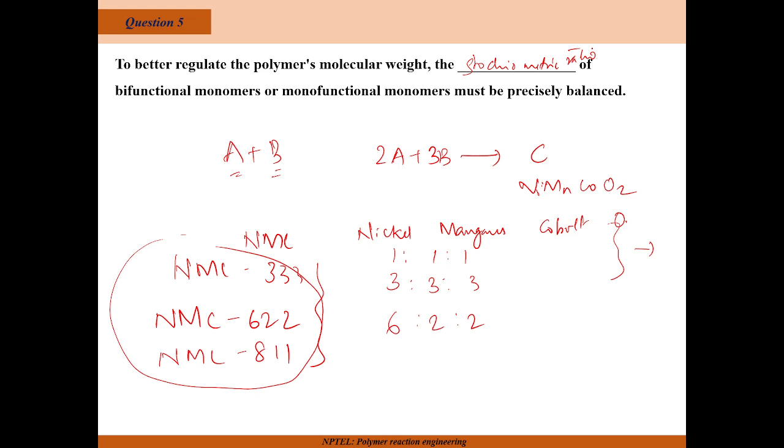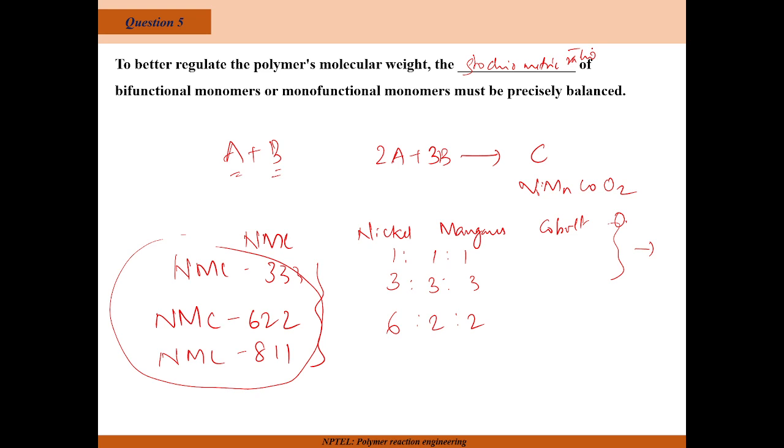Sharavan sir, can you help us in this manner? Here, the stoichiometric ratio, what I understand is we are now talking about the functionality of the monomers. For example, if we have a functional group at both ends, there will be control of molecular weight as it propagates on both sides.